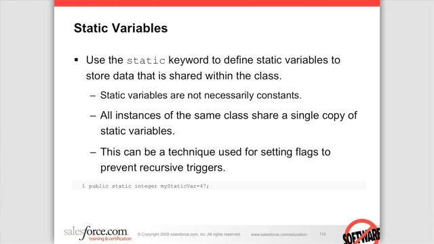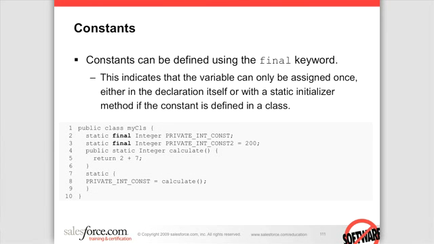Static, we talked about the life cycle continuing to live for the duration of our transaction. For constants, we use the keywords static and final, and then we can both declare, and if we wanted to, also initialize those. All right, a little bit of review there.